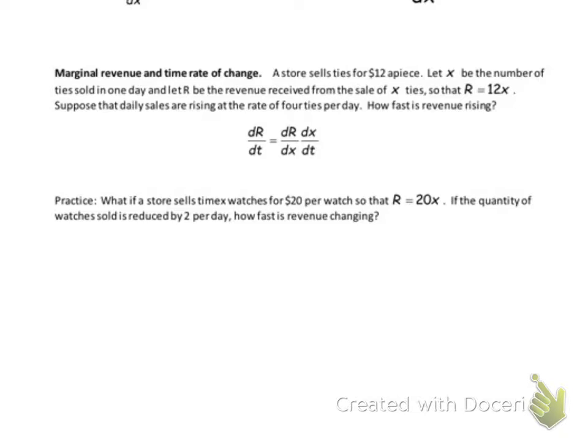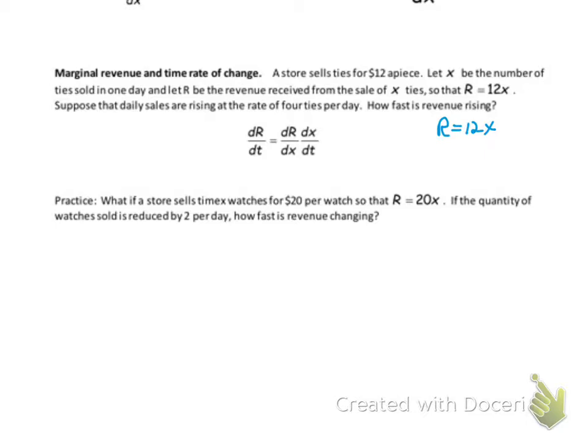Let x be the number of ties sold in one day, and let R be the revenue received from the sale of x ties, so that R equals 12x. This is the first function. R equals 12x.